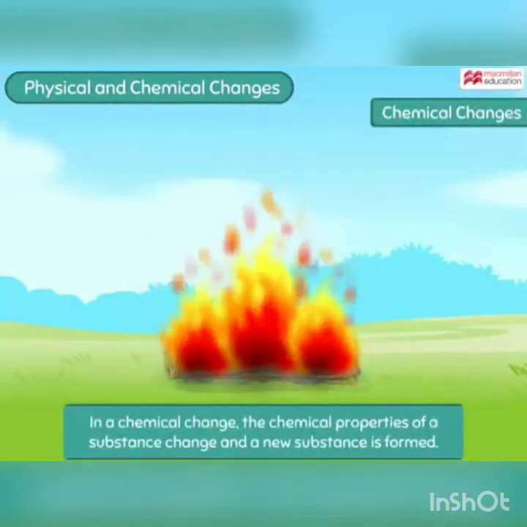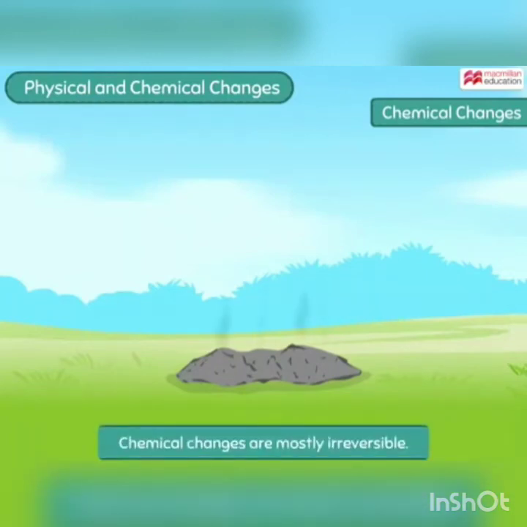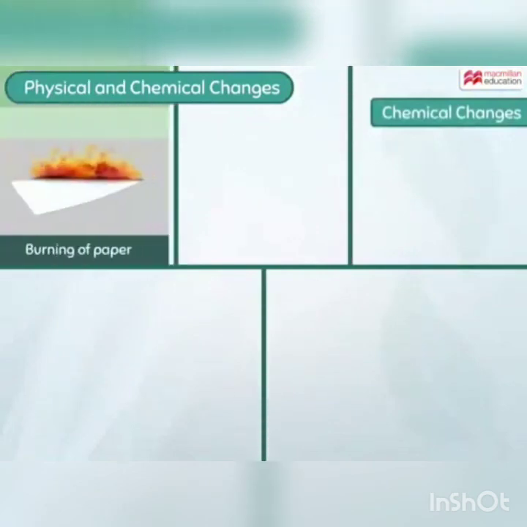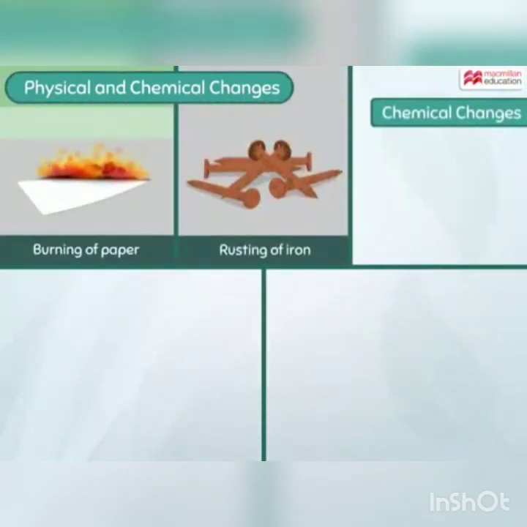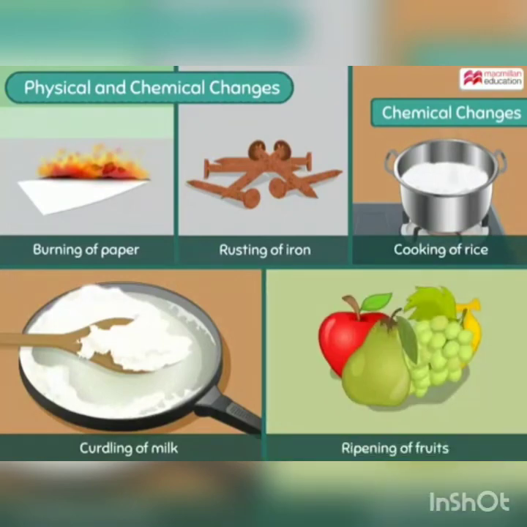Such a change, where the chemical properties of the substance change and a new substance is formed, is called a chemical change. Chemical changes are mostly irreversible. Burning of paper, rusting of iron, cooking of rice, curdling of milk, and ripening of fruits are chemical changes.